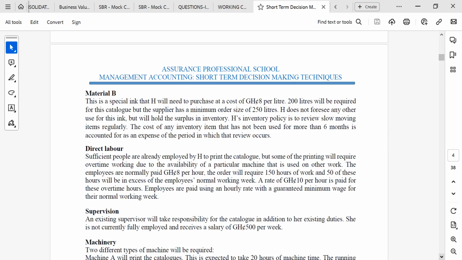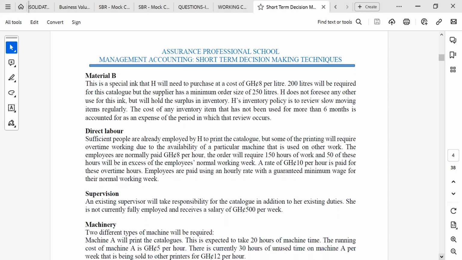Supervision. An existing supervisor will take responsibility for the catalog in addition to her existing duties. She is not currently fully employed and receives a salary of 500 cedis per week. Machinery. 2 different types of machines will be required.